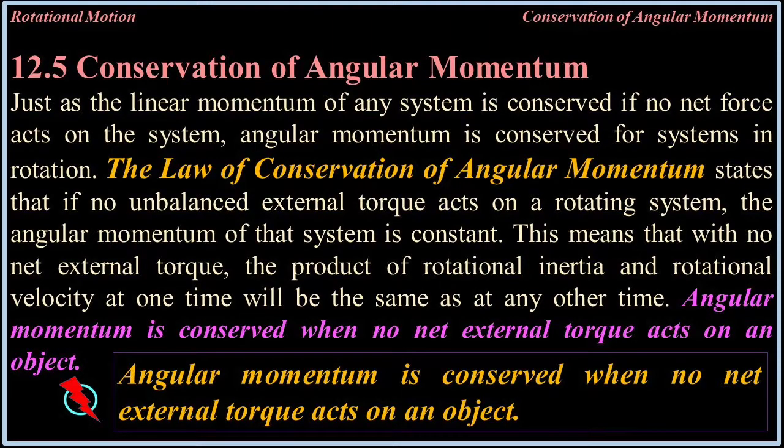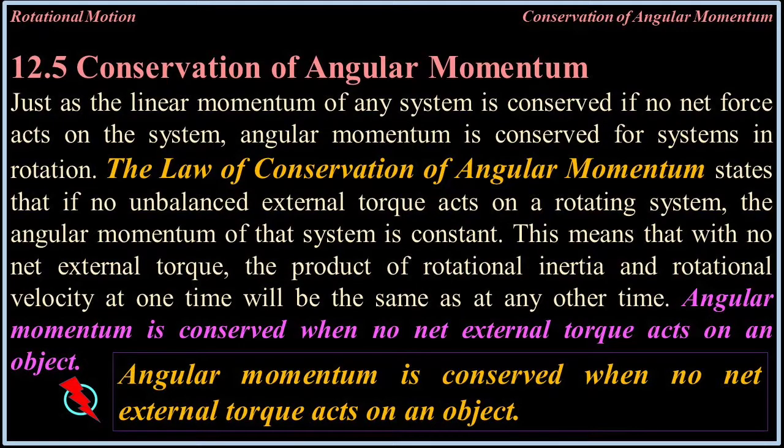Section 12.5, Conservation of Angular Momentum. Just as the linear momentum of any system is conserved if no net force acts on the system, angular momentum is conserved for systems in rotation. The law of conservation of angular momentum states that if no unbalanced external torque acts on a rotating system, the angular momentum of that system is constant.